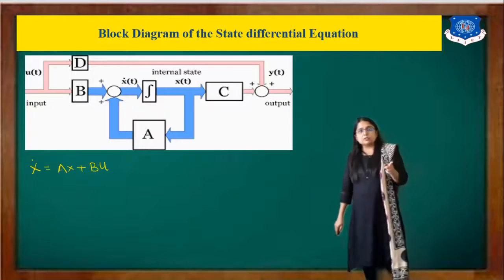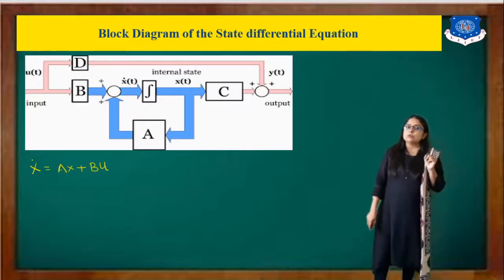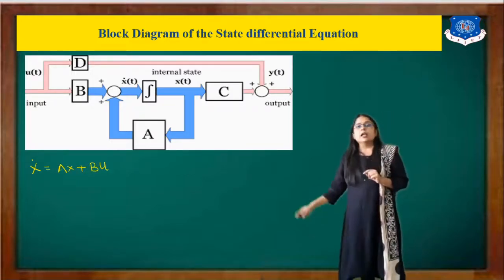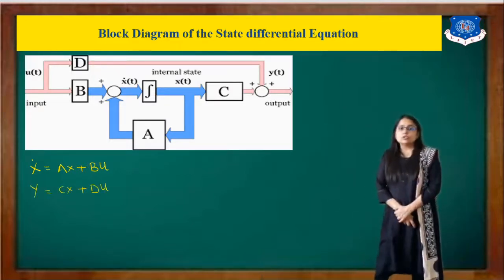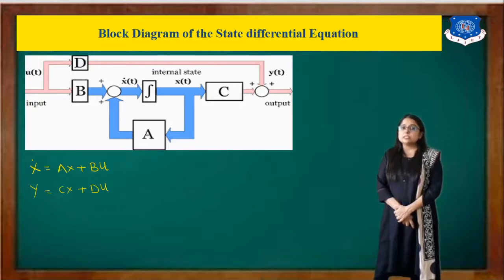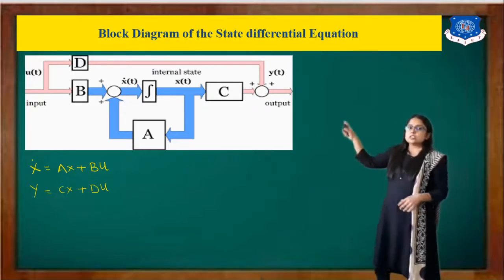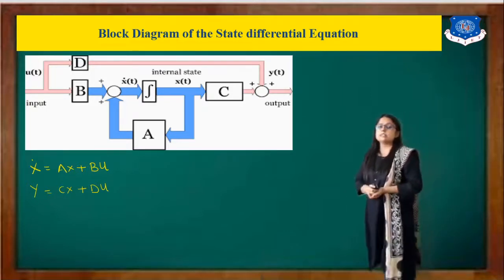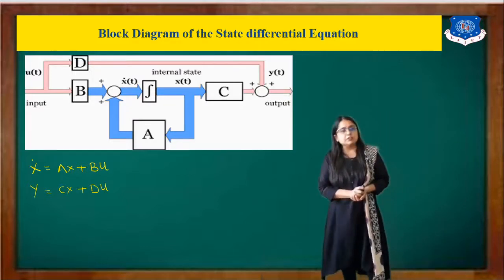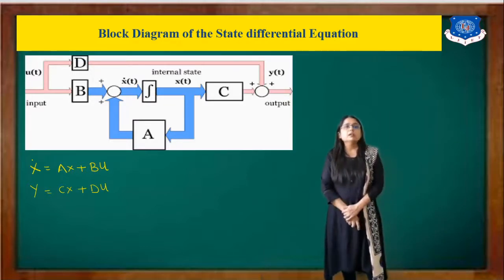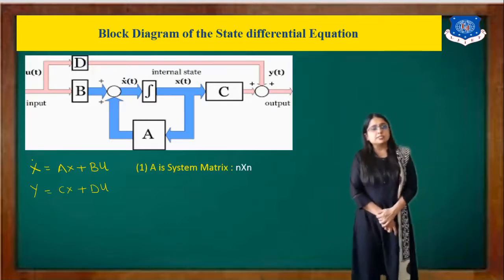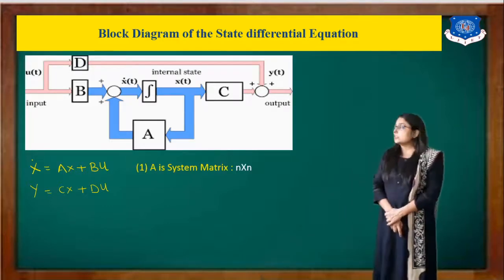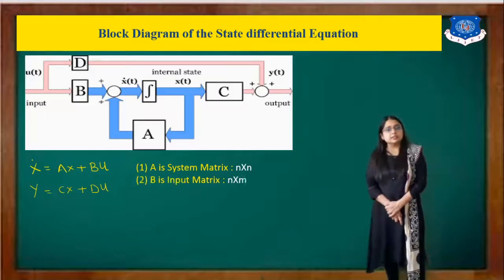My first equation becomes x dot equals Ax plus Bu. Then y equals Cx plus Du. So this is the block diagram of the state differential equation. Here A is known as the system matrix, and the size of this matrix is n cross n.